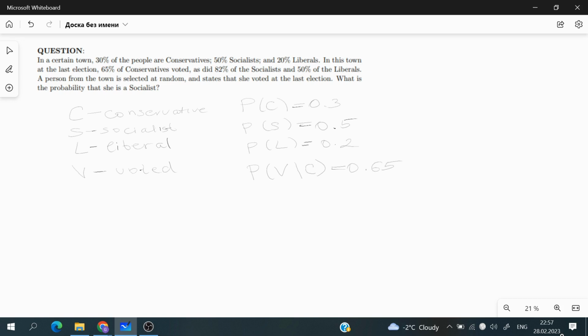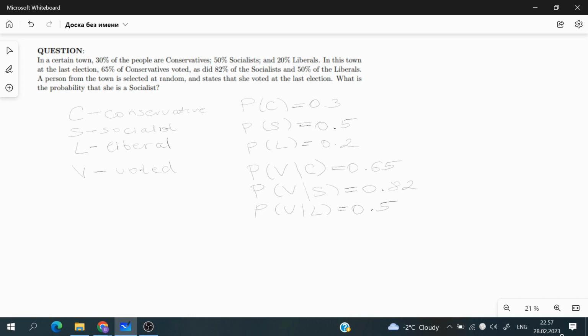Alright? In the same manner, the probability that the person voted given S equals 0.82, and the probability that the person voted given that she's liberal equals 0.5.